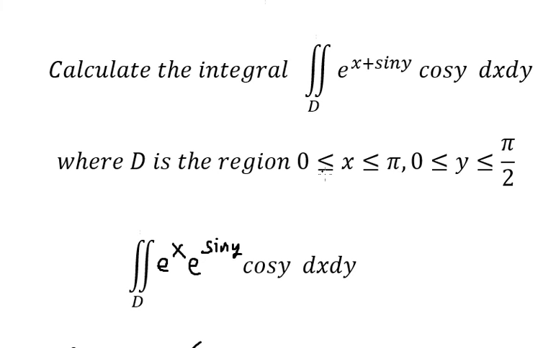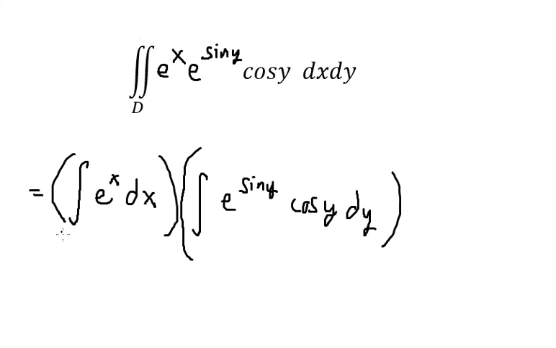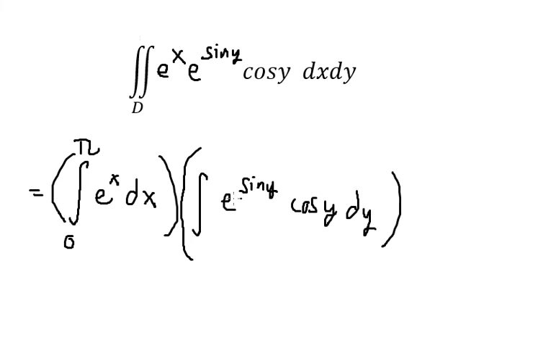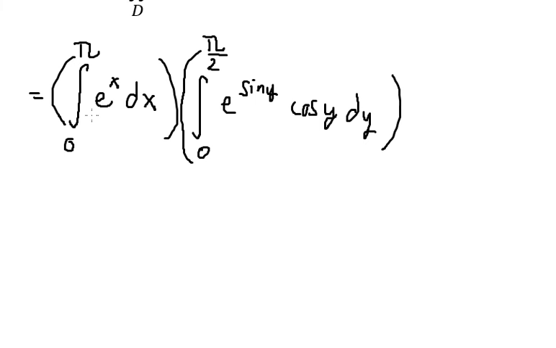Now, the region of x is from 0 to b. The region of y is from 0 to b over 2. So the integration of e to the power of x is e to the power of x, and we put the bounds from 0 to b.